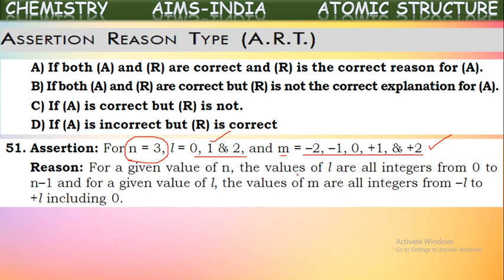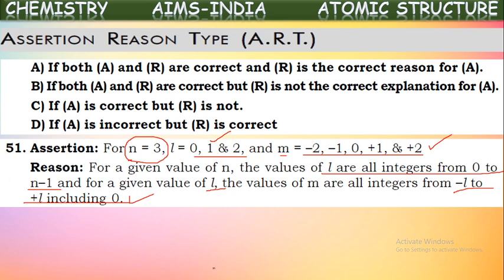Actually, it is the correct reason why these values are given. And for a given value of l, m values are from minus l to plus l including 0. This is the correct reason for it. So assertion and reason are both correct, and the reason is the correct explanation.